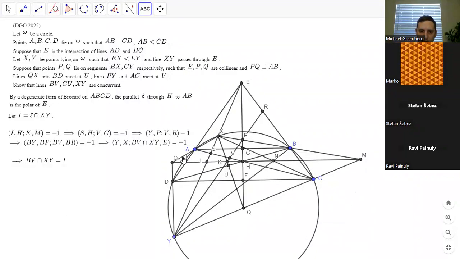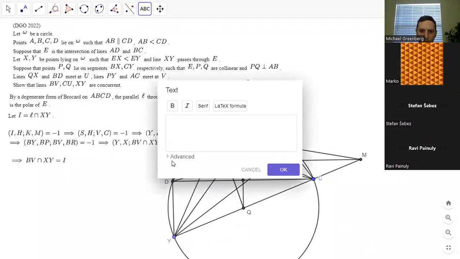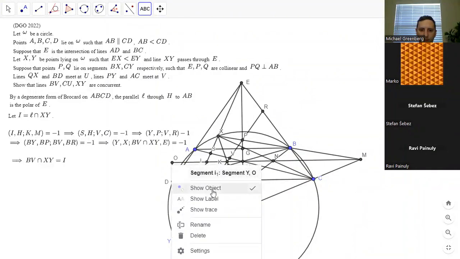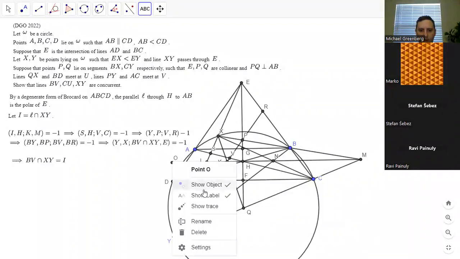We can get rid of that. We can get rid of that. We don't really need that point. Although it's interesting, but we don't need it. As long as we have this, we're good.